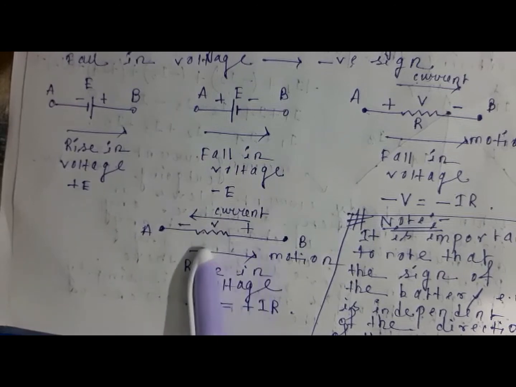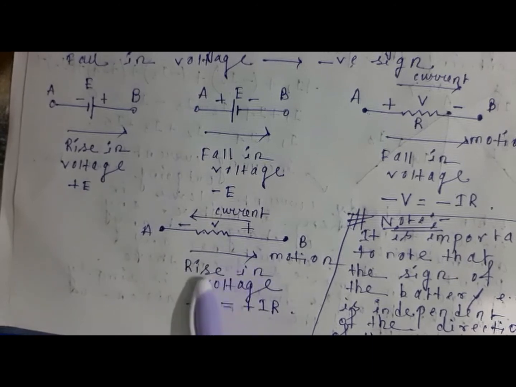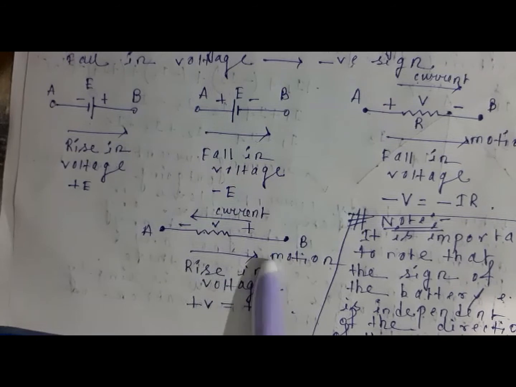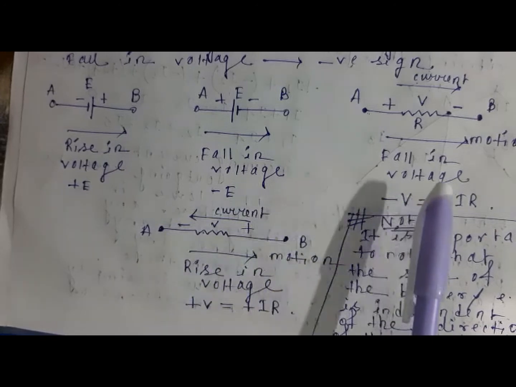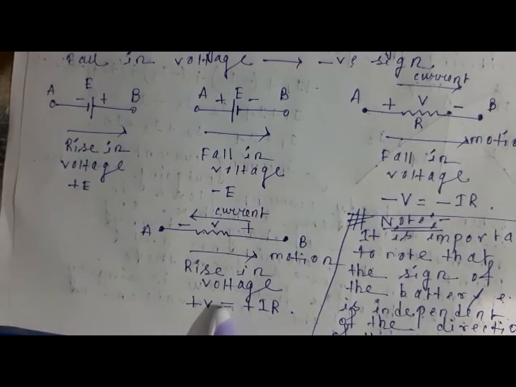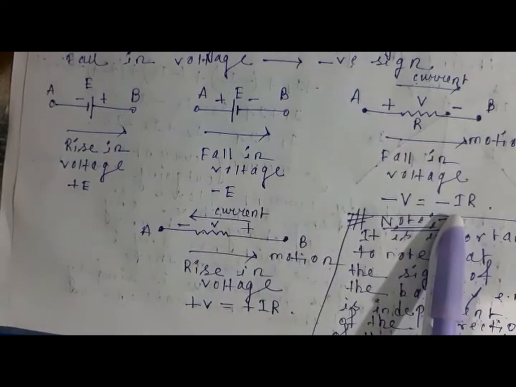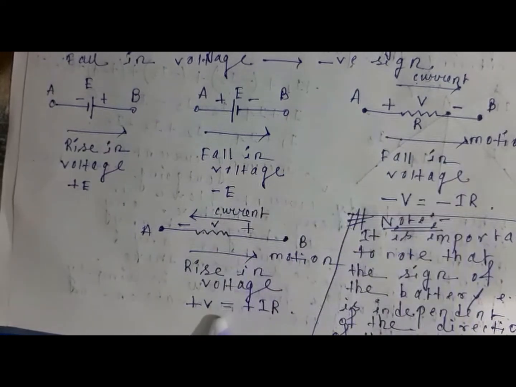So both are in opposite direction. When both are in opposite direction, we will take a positive sign, as well as we will see that our rise in voltage is in this direction. All right, so we have to keep in mind what to take for this and for this. Same direction, negative sign; opposite direction, positive sign for resistance.